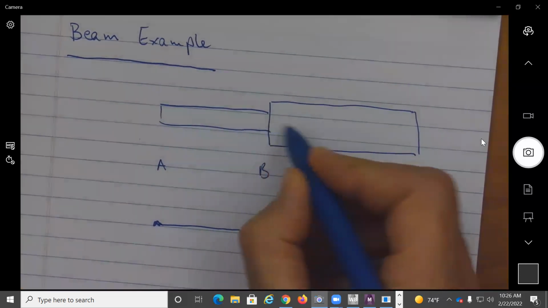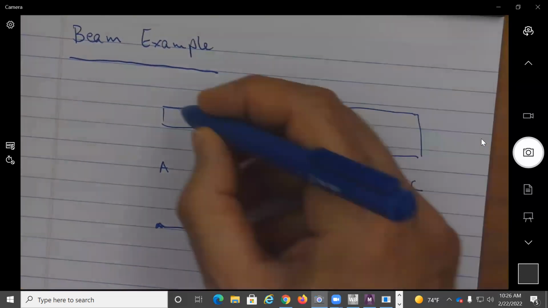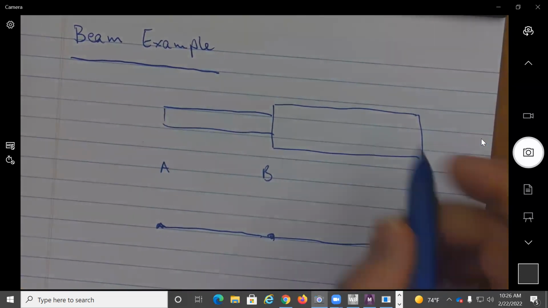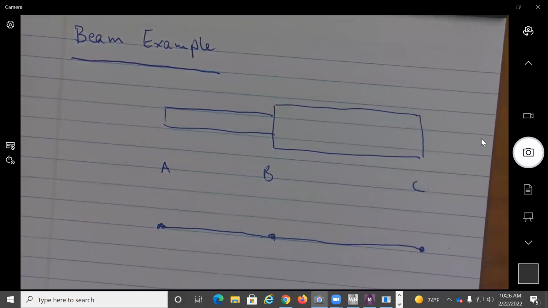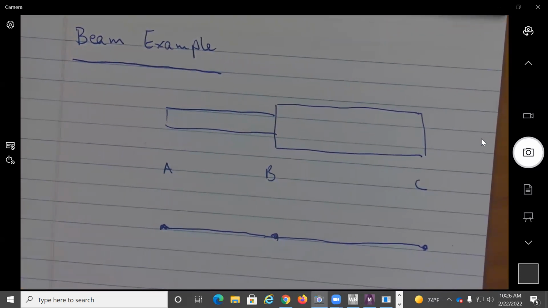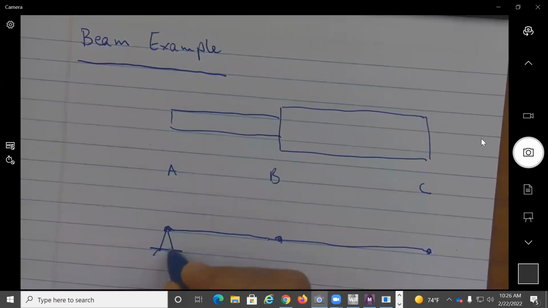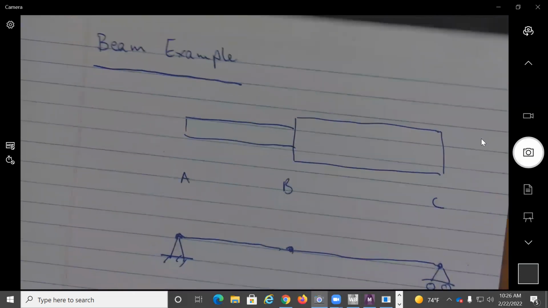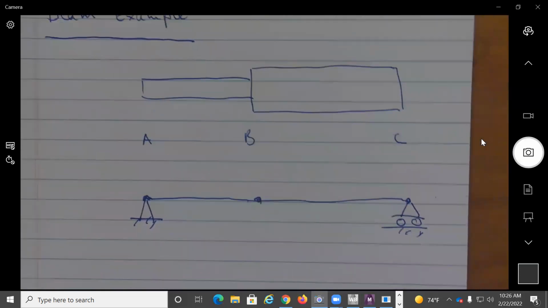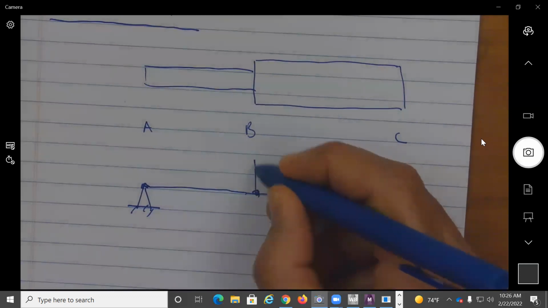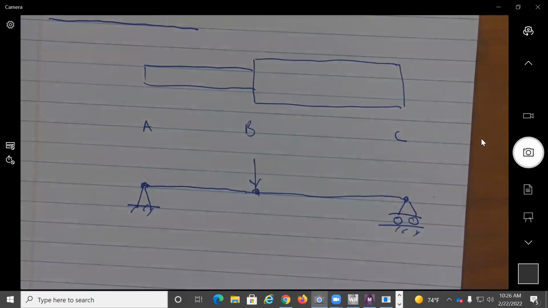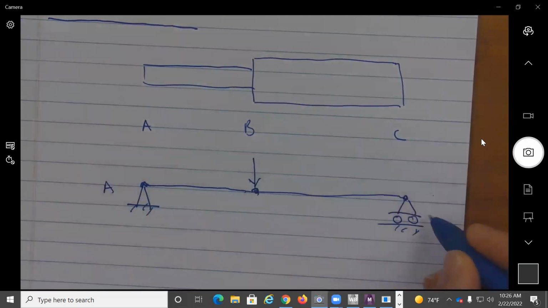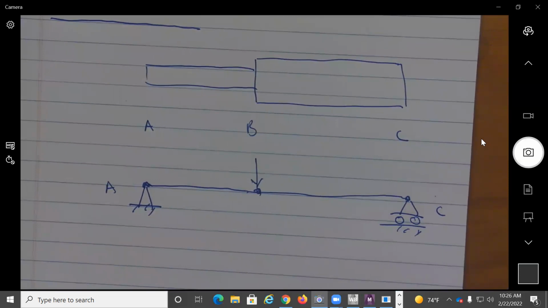Originally, we had the 1000 Newton along the axis, and this was fixed, and we had this prescribed displacement at C. Now, today, I'm going to look at this as a simply supported beam. And I'm going to put a load at point B. So we're going to use the same geometry, but we'll use different type of supports.